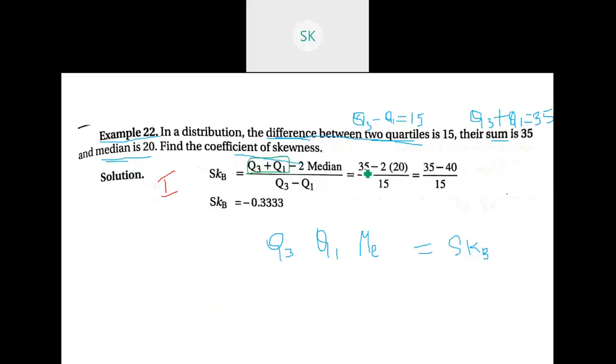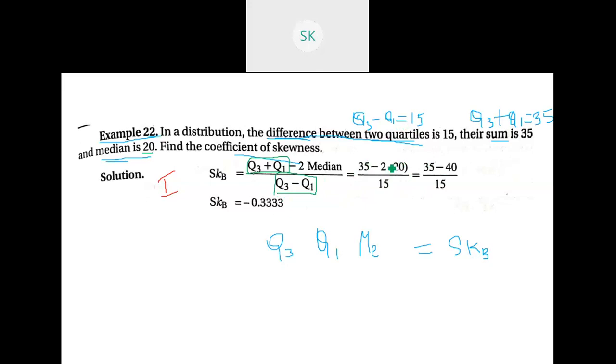So I will directly take that as 35 minus 2 into median, and median is 20, divided by Q3 minus Q1, for which they have also given the direct value, 15. So I've got all the data to be applied into the formula. All that I have to do is simplify and find the answer.